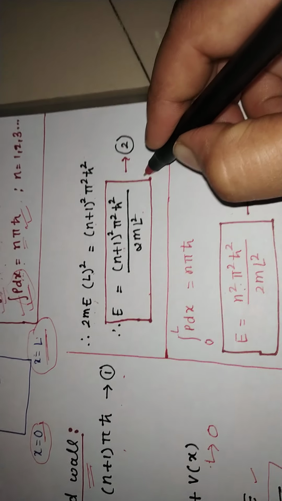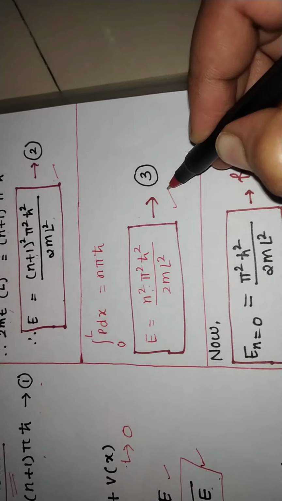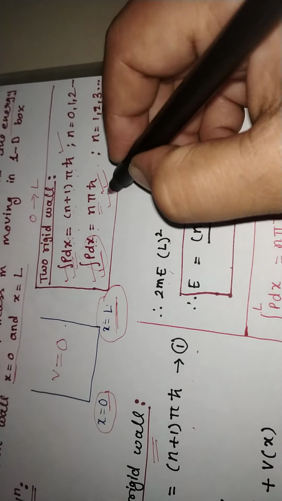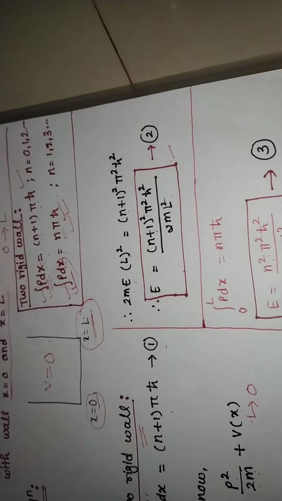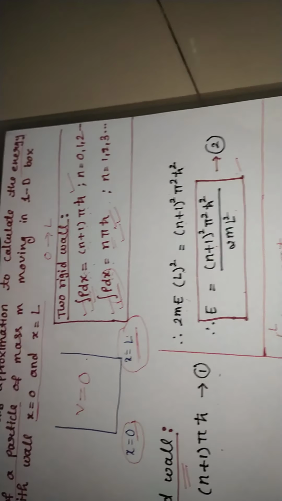So this you have got by using the first formula, and the second one by using the second formula. Now I'll show you how you get the same result by using either.